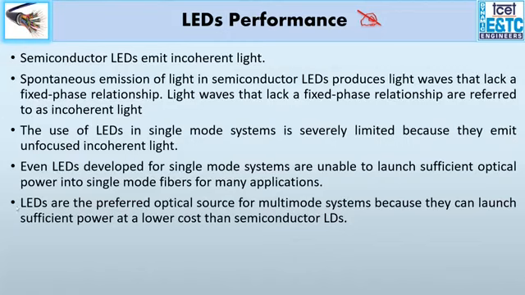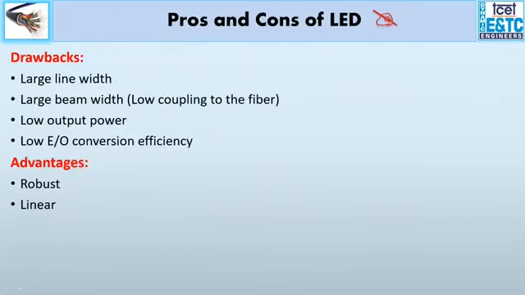They are preferred for a multi-mode system. These are what I was talking about: large line width, large beam width, low output power, low electrical to optical conversion efficiency. It has a low efficiency, but it is more robust and gives you linear characteristics.